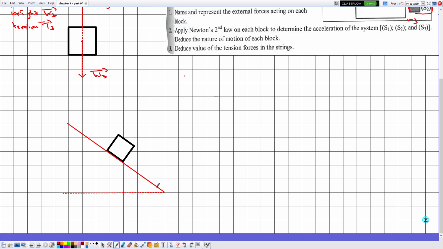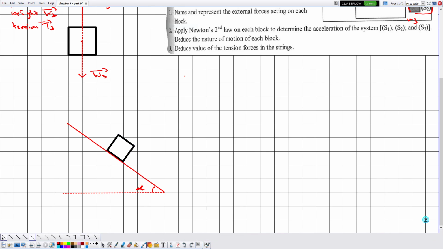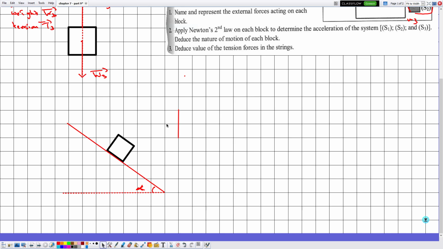Then this is the angle alpha. This is the weight, which is acting vertically downward like this. Now, what else do we have?